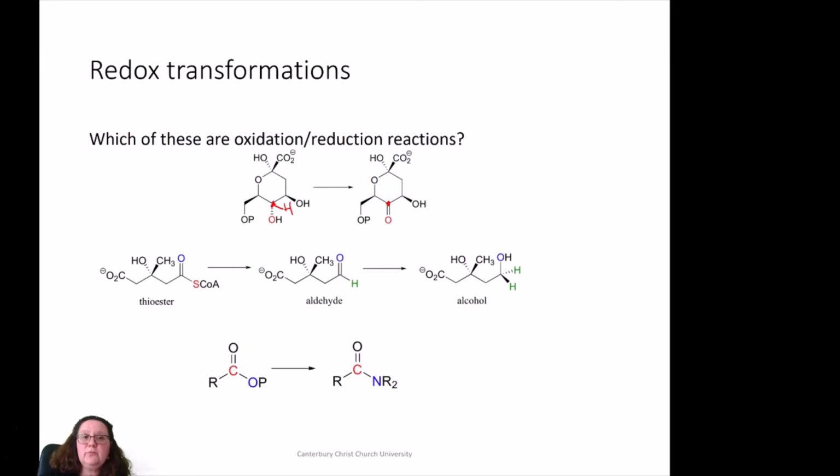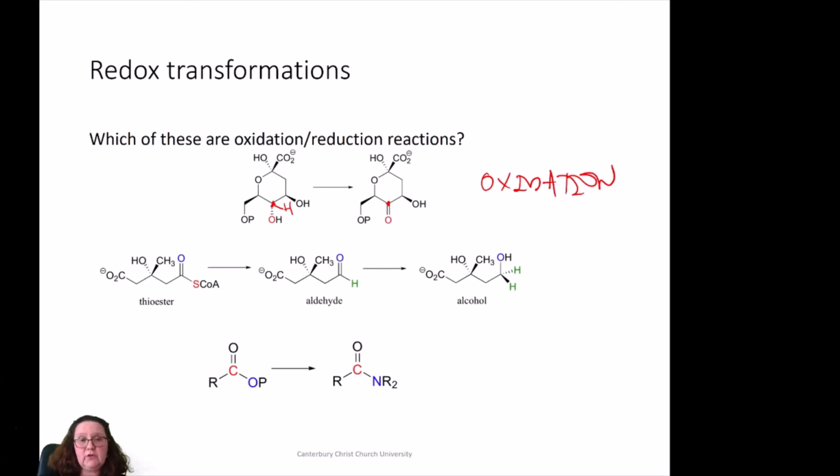So that carbon has lost hydrogen from the reagent to the product. So this would be an oxidation. It has lost a hydrogen atom from the reagent to the product.